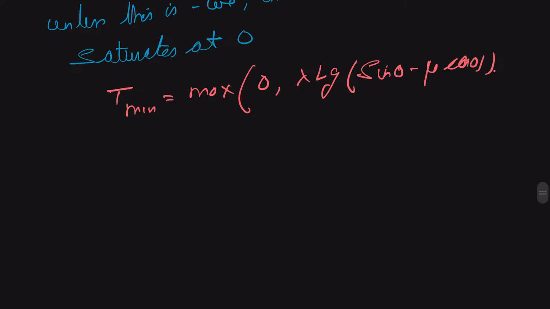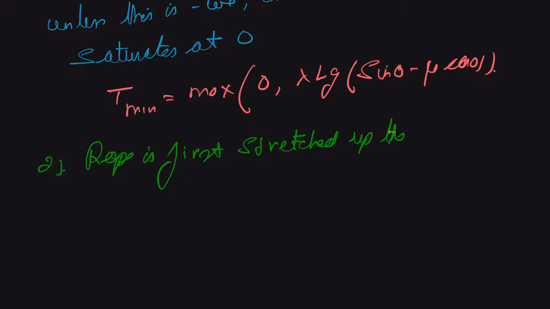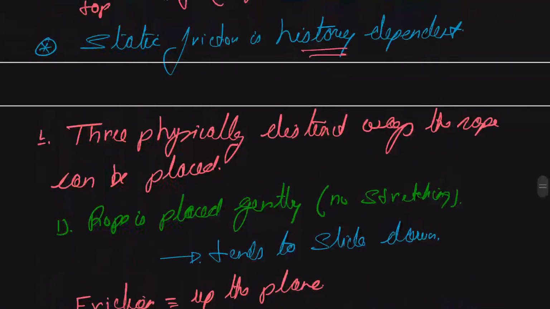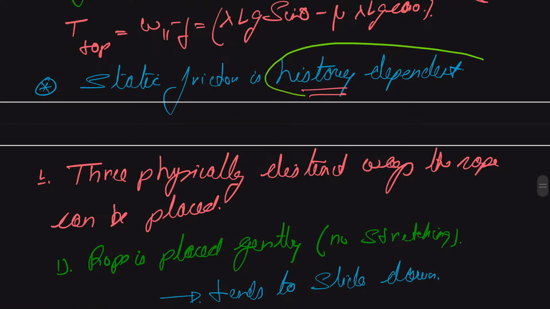Now we come to our second case, and the second case is that the rope is first stretched up the plane, then nailed. So herein, like I said, our static friction is history dependent.